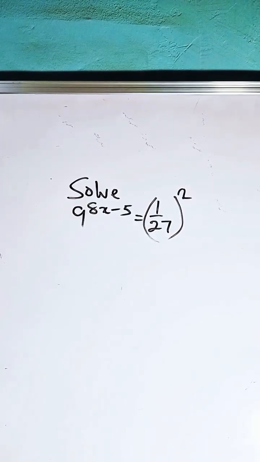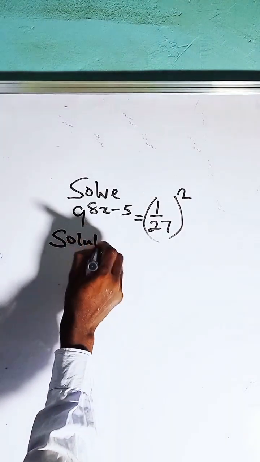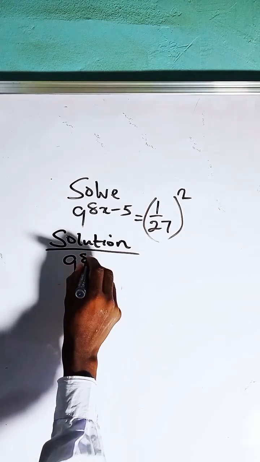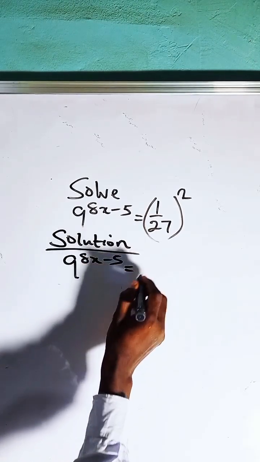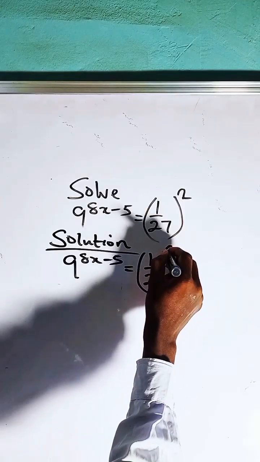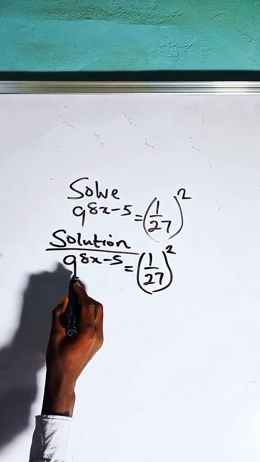The question says solve this exponential equation. How do we do this? So we have 9 raised to the power 8x minus 5 equals 1 over 27, in brackets, raised to the power 2. Let us have this in base 3.